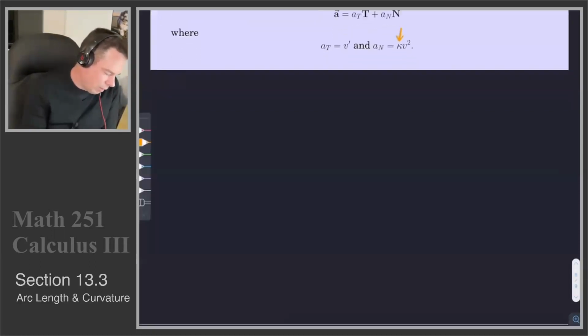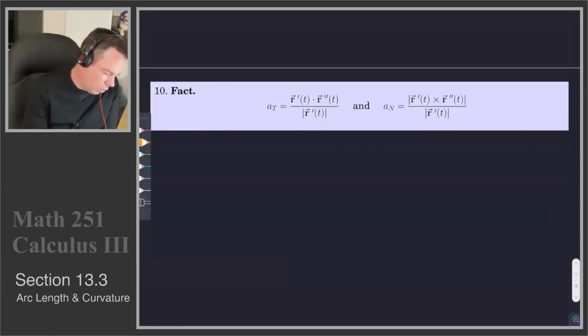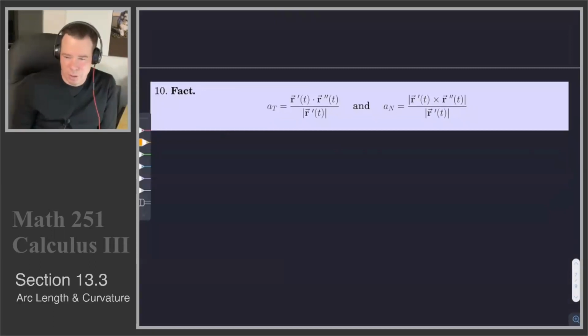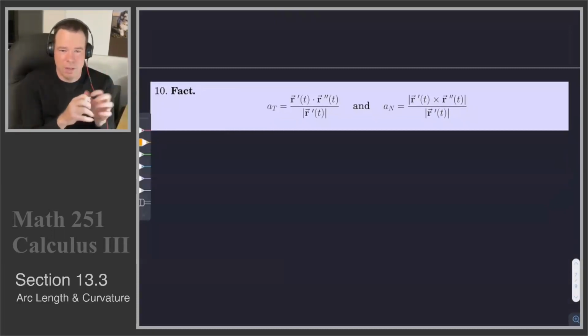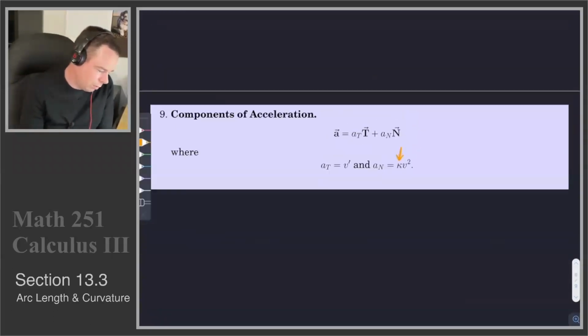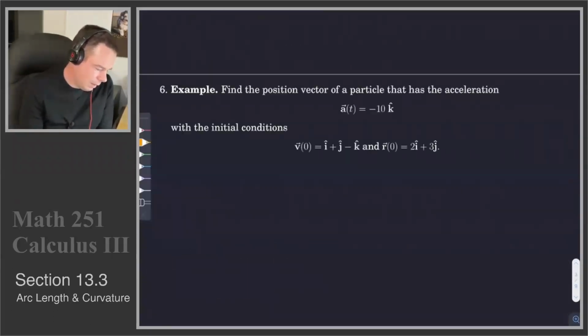The next formula says the normal component of acceleration is related to the cross product of r prime and r double prime, and the tangential component is related to the dot product. So this is a very beautiful splitting of the acceleration vector into 2 pieces: one related to the dot product, the other to the cross product. We'll verify these facts, use them, and do some examples next day.